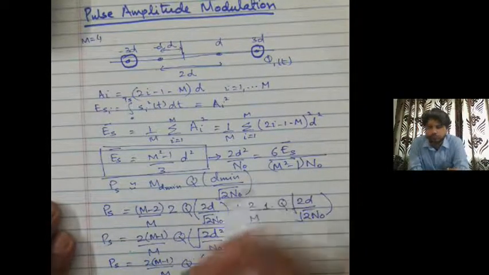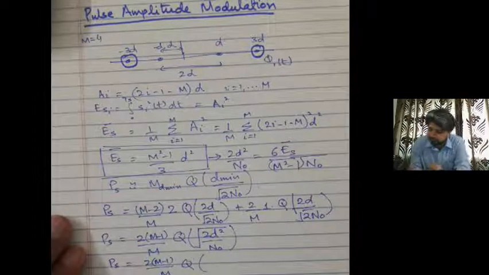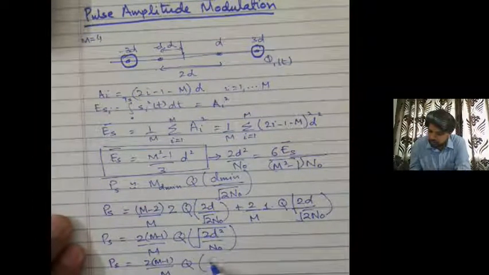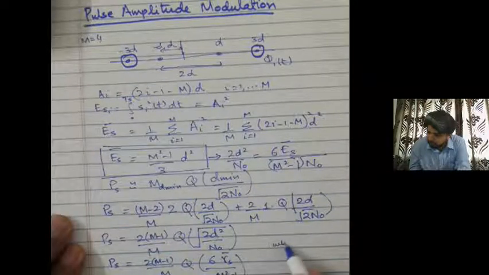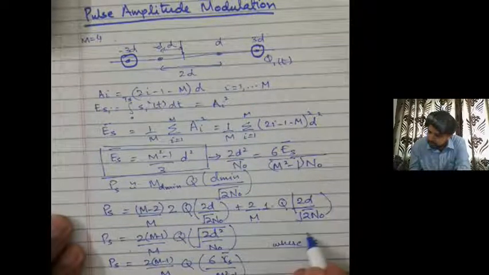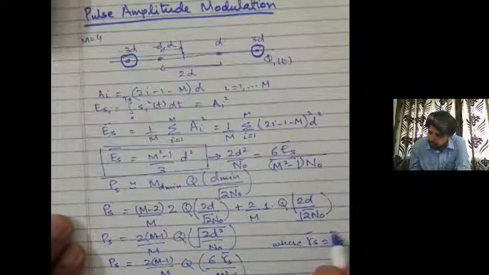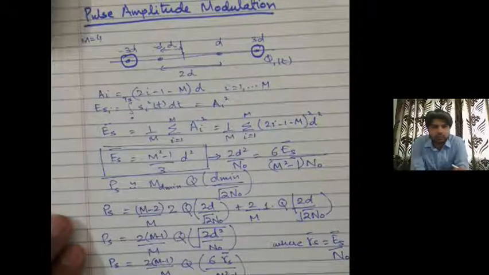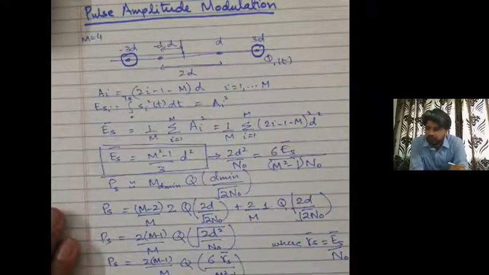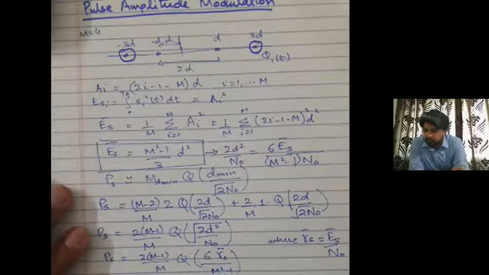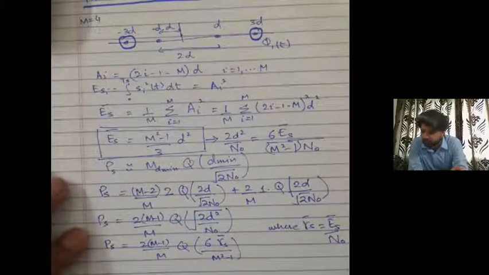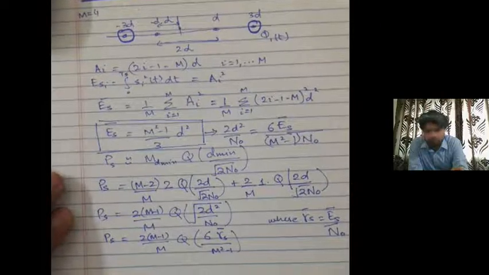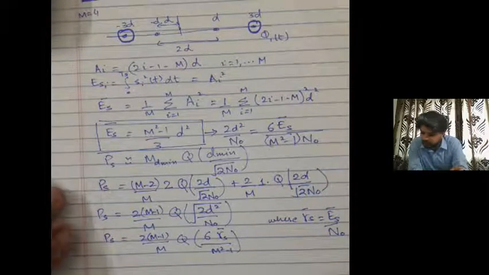So if you call Es over N0 to be your gamma s, it would be the square root of 6 times gamma s bar over M squared minus 1, where gamma s bar is nothing but Es bar over N0. In a way, this is related to the signal to noise ratio for a particular bandwidth symbol interval product. This may be exactly equal to the signal to noise ratio, and we'll talk about that today as well.